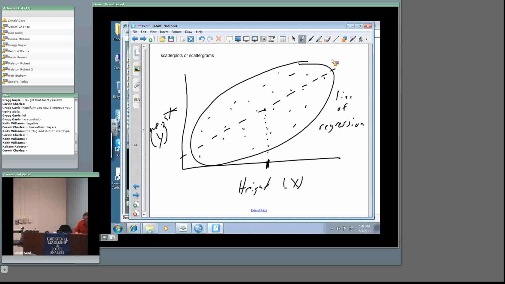If I had a person with this height, I would predict he would have this weight. Now I've got a couple people with that height. So for example, I've got this person and this person. They are about that height. One of them's a lot heavier than the other is. That's because of the idea of variability. So it's an okay predictor, but it's not a perfect predictor.